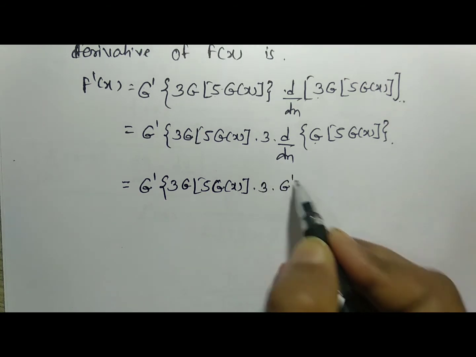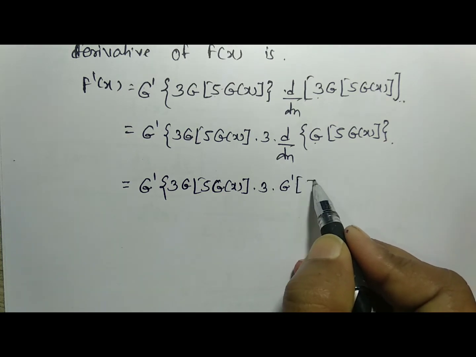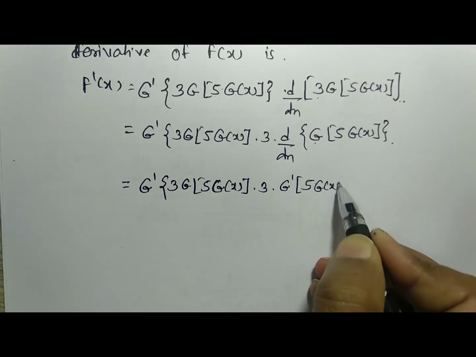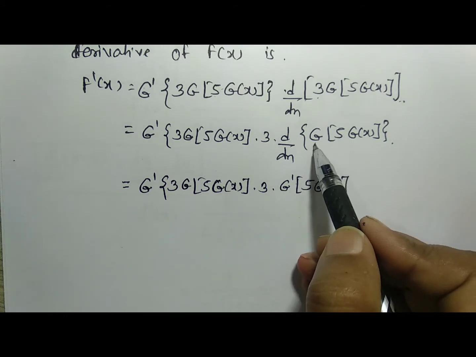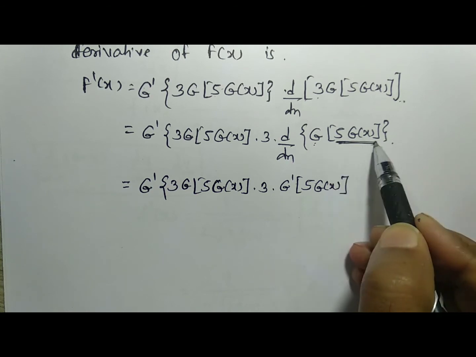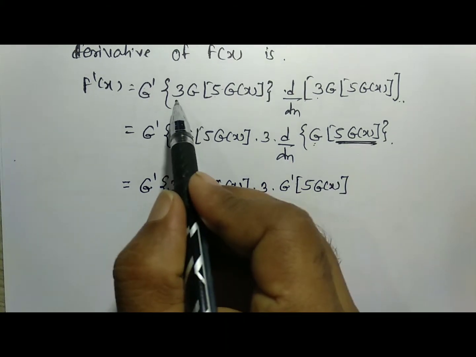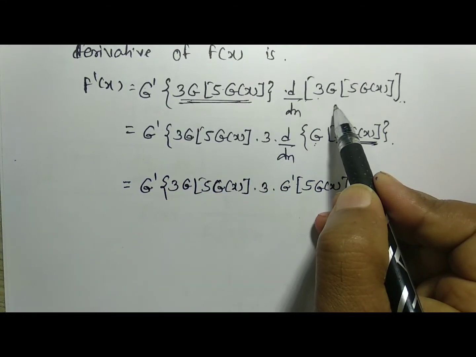Again this bracket is put as it is, 5 into g of x, and then you complete the derivative of that g, and therefore you move on to the remaining function.